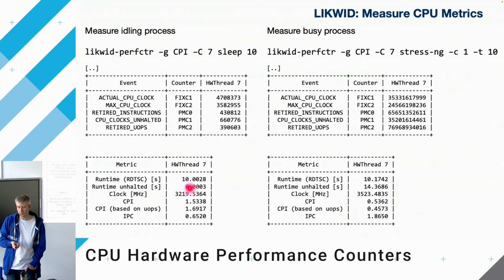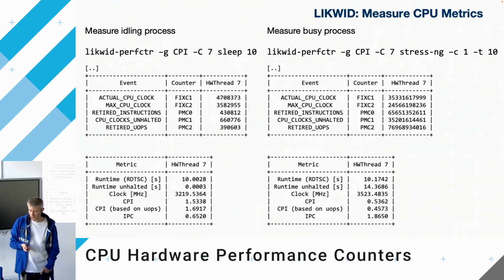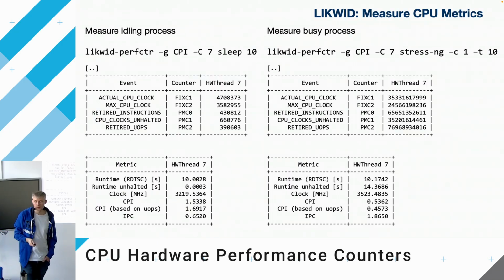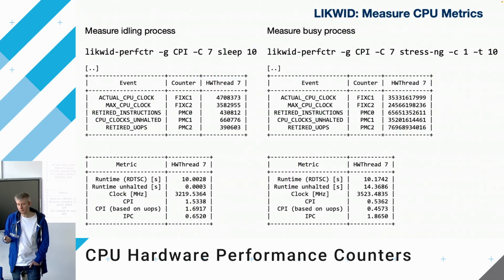our program took a little bit more than 10 seconds. We had a certain frequency, a certain number of instructions, and from this we see that we have a CPI, or the reverse, an IPC value here, of how many cycles per instruction were used, or how many instructions per cycle could be executed.